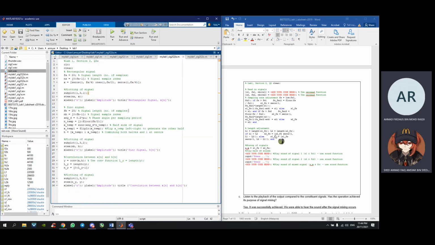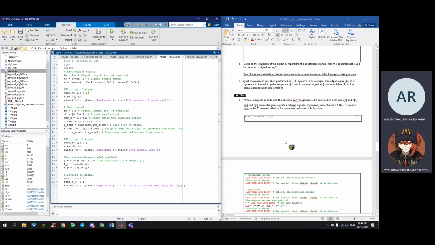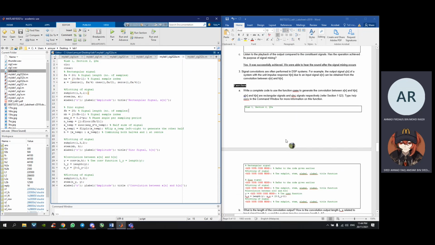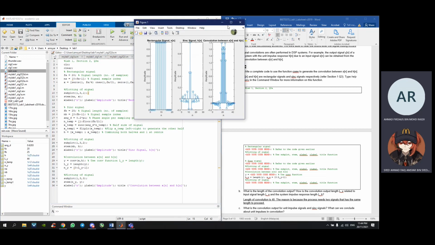Next is question 3A. We are required to use the convolution function to generate the convolution between Sn and Hn. Save and run. This is the output that we get.